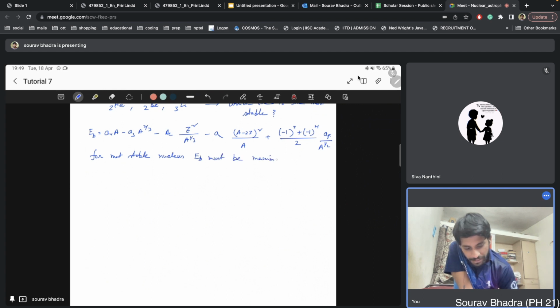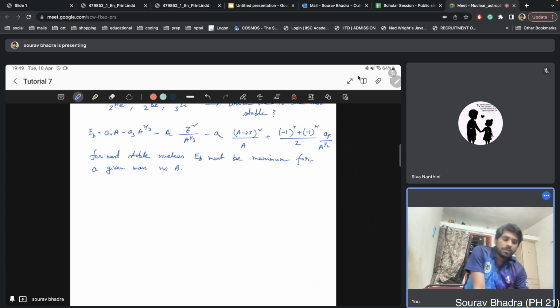If the binding energy is maximum, that means the nucleus is stable for a given mass number A.